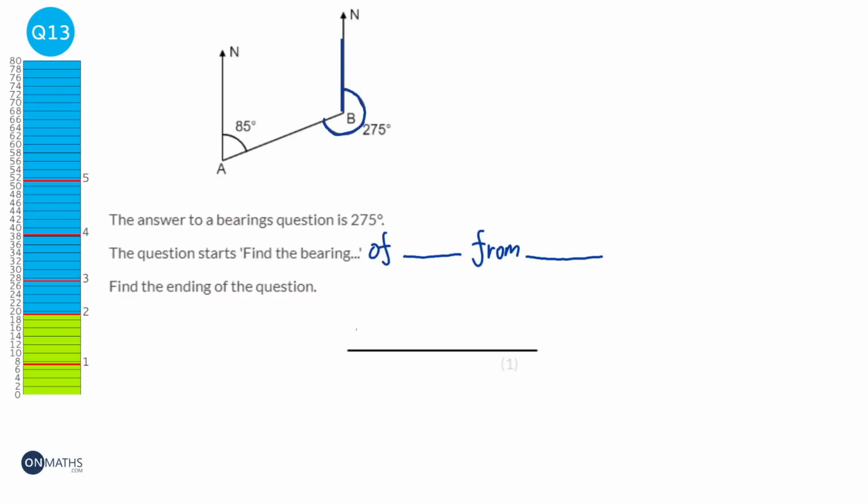So we currently are at B, and we're looking at the angle of A. So it is the find the bearing of A from B would be the question.